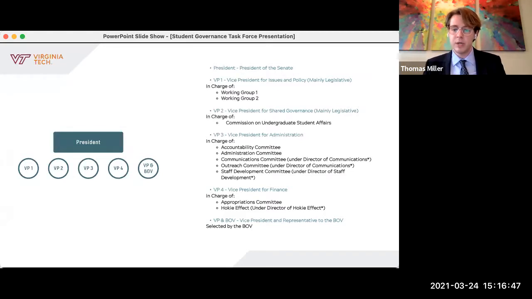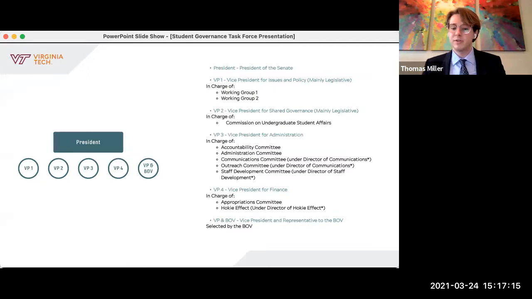The first 2 are mainly legislative. The first one will be in charge of making sure the working groups are working well. The second one is the vice president for shared governance and will be in charge of and chair the Commission on Undergraduate Student Affairs, another very important leadership position to recognize shared governance. The third vice presidential role would be the VP for administration, in charge of 5 of those 6 committees in the core of the diagram I showed you earlier.